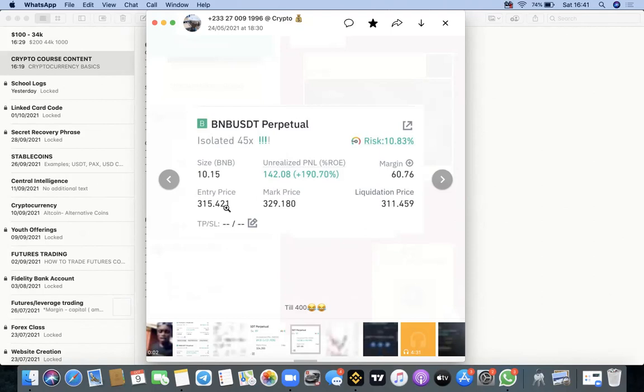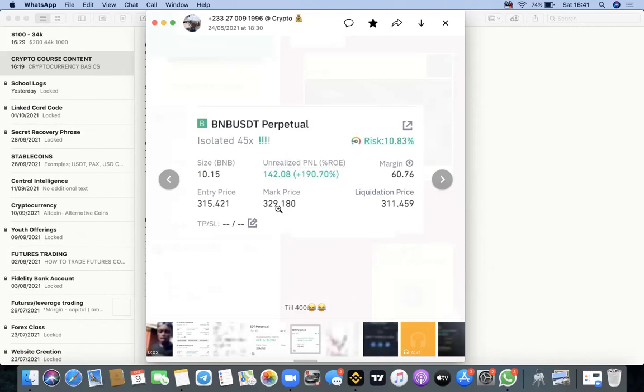Do you understand? Okay, let's check out the current market price. This is the market price you see right now, the current market price.